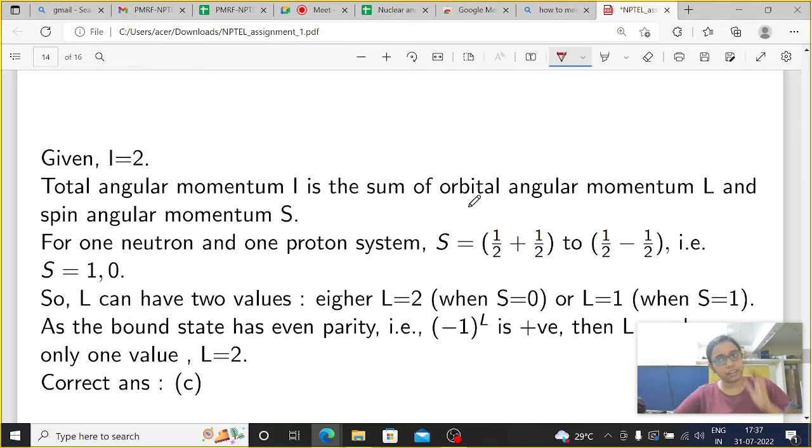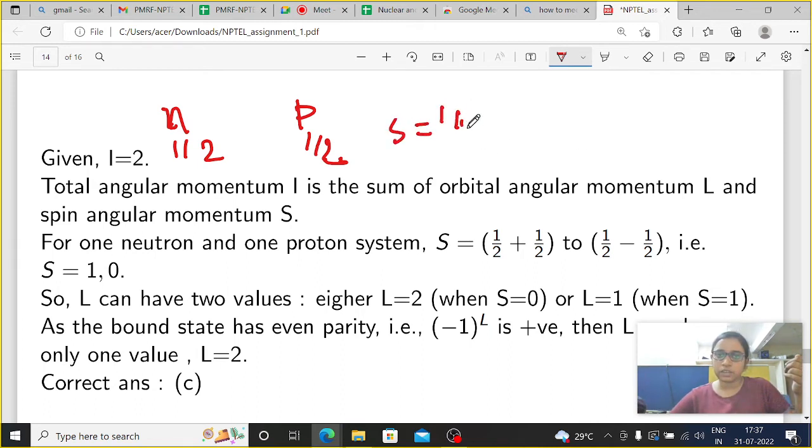Okay, so as I already told, I equals 2, and the total angular momentum is the sum of orbital angular momentum and spin angular momentum. Now here the bound state is a one neutron and one proton system. Both have spin half. As I already know, these both are Fermi particles, so they obey Fermi statistics. So what will be the value of S of that system?